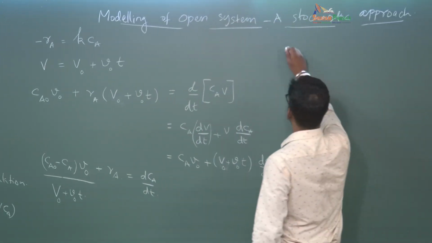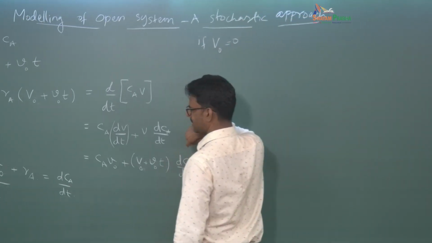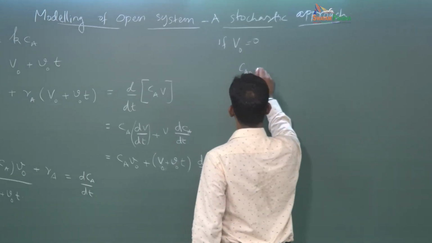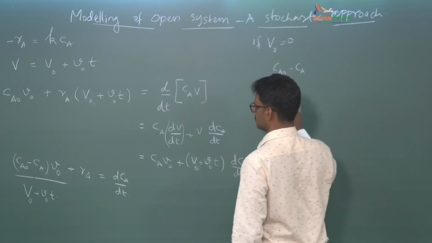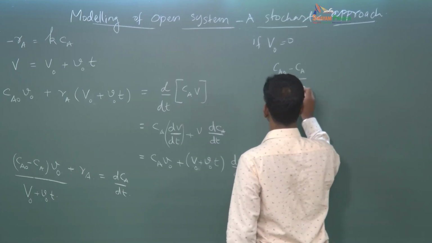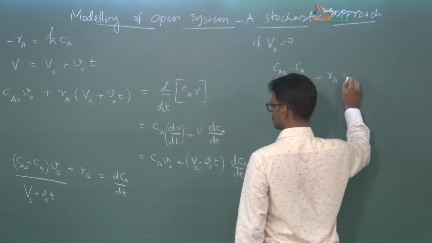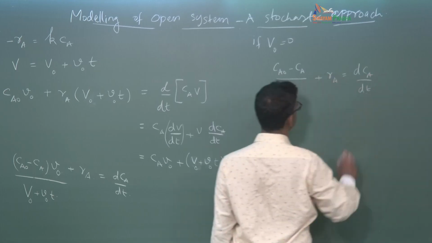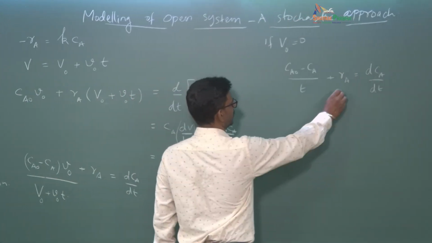Suppose if you take initial volume as 0, this becomes a little simpler. Now we can substitute for Ra.